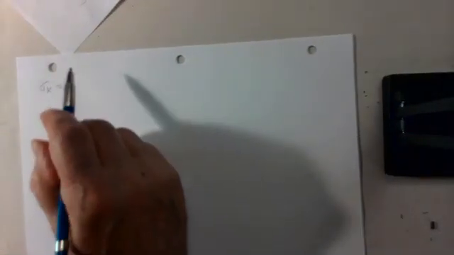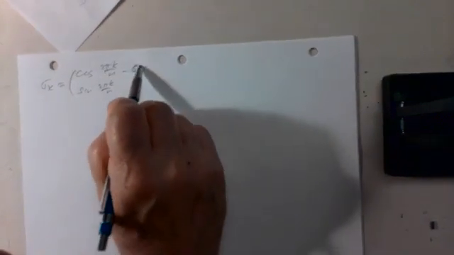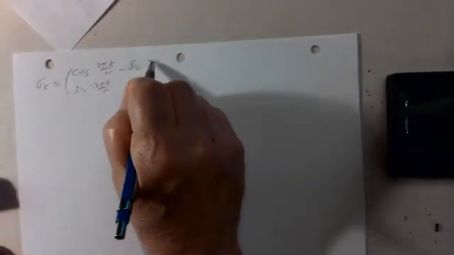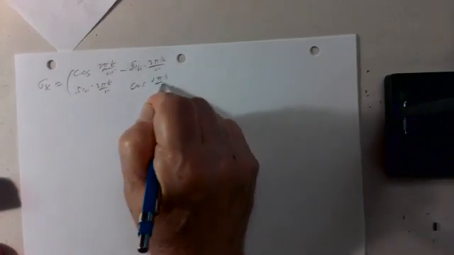So what this says is, if you have sigma k is cosine 2 pi k over n, sine 2 pi k over n, minus sine 2 pi k over n, cosine 2 pi k over n.